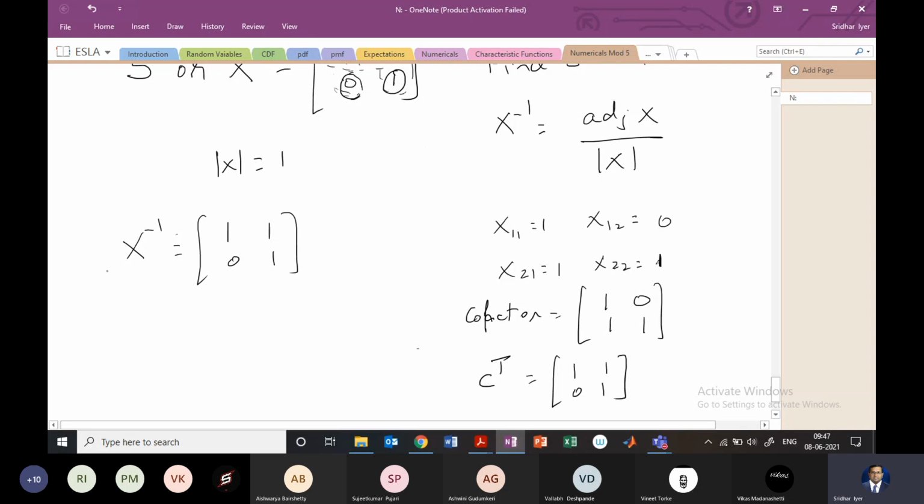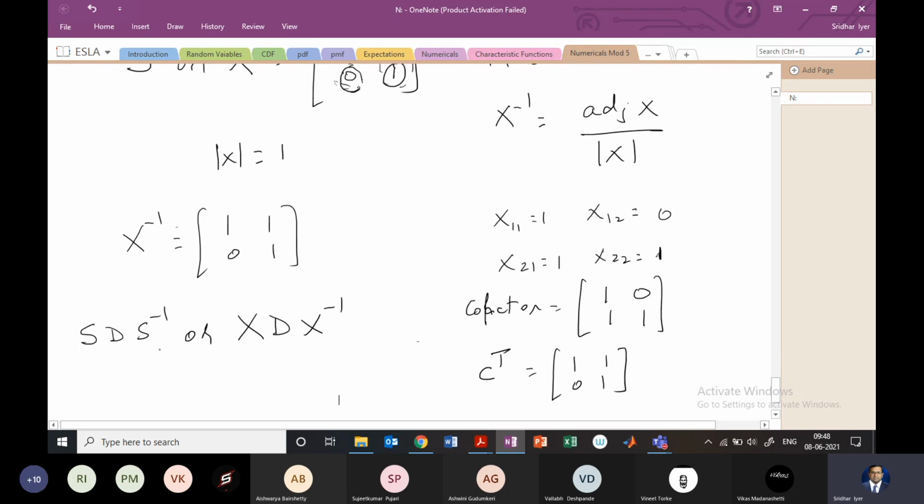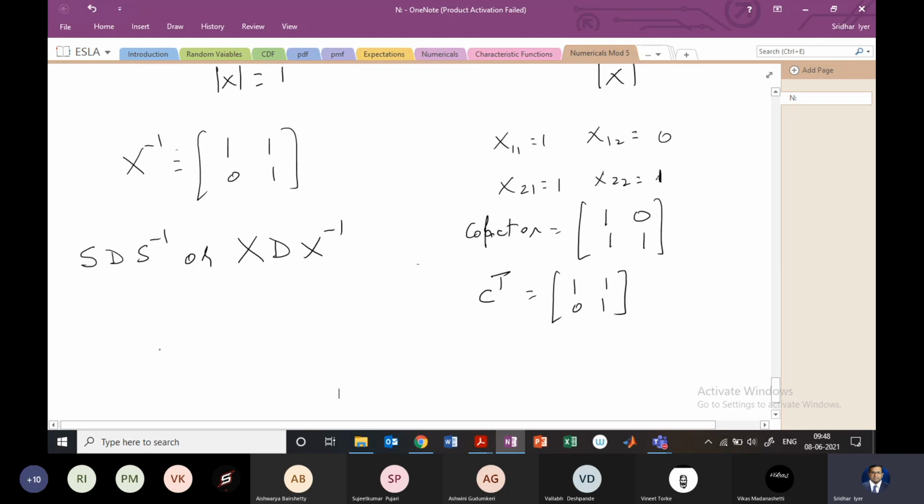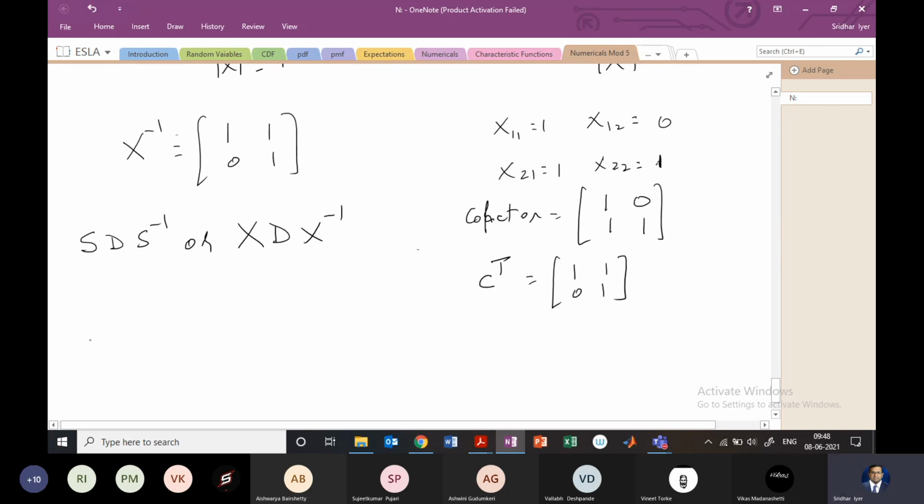Now to diagonalize the matrix, we need to do S D S inverse, or as it is given in the question, x d x inverse, right? So we know x, we know d, and we know the inverse. So the matrix A which is given to us can be written as x d x inverse, or rather they have also written d in this form.